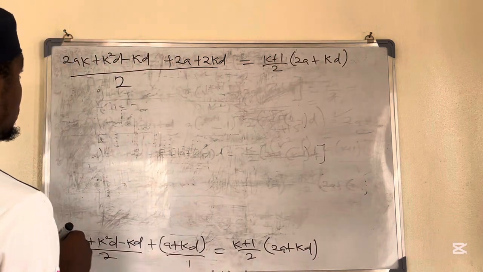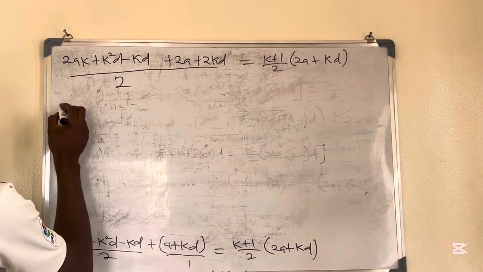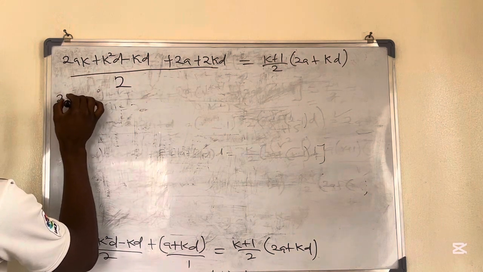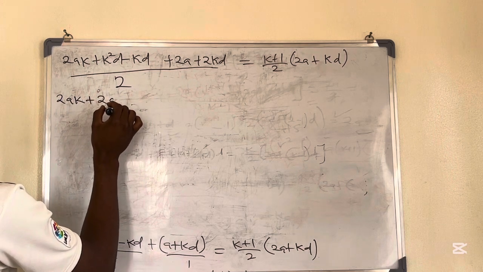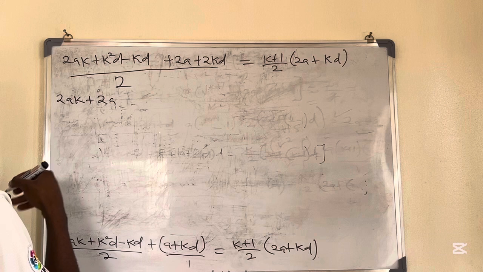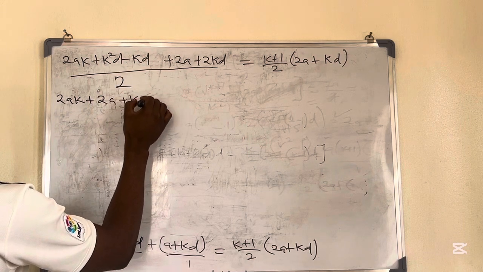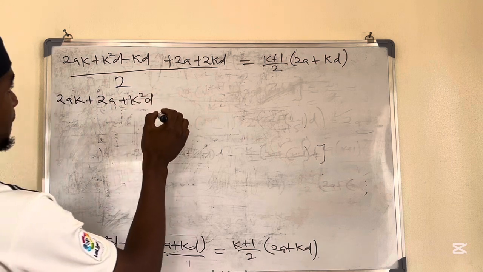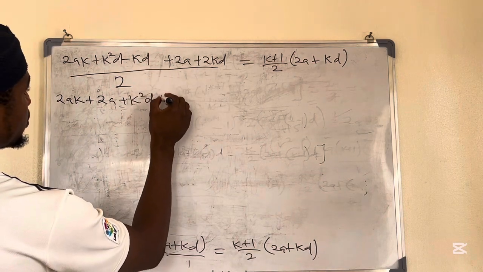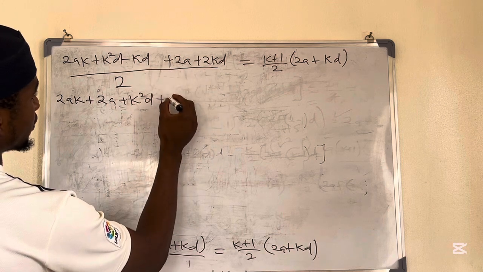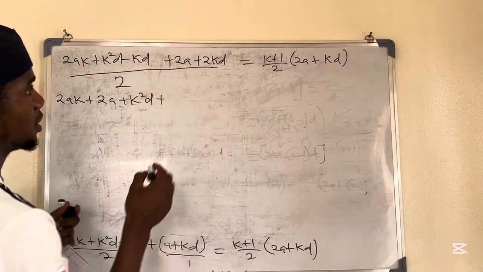So let me rearrange, let me collect like terms. So we have 2ak plus 2a, then we have kd squared plus k squared d, sorry. Then here we have minus kd plus 2kd, so it's going to be plus, that's 2 minus 1, we have minus kd plus 2kd, just like saying 2 minus 1.